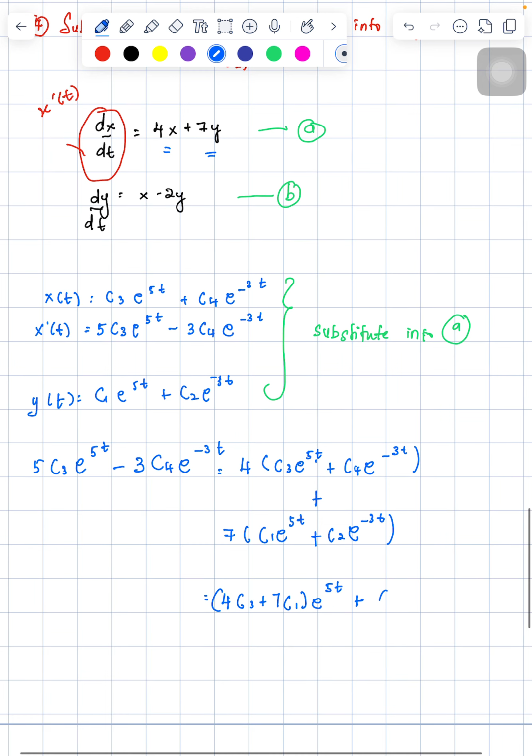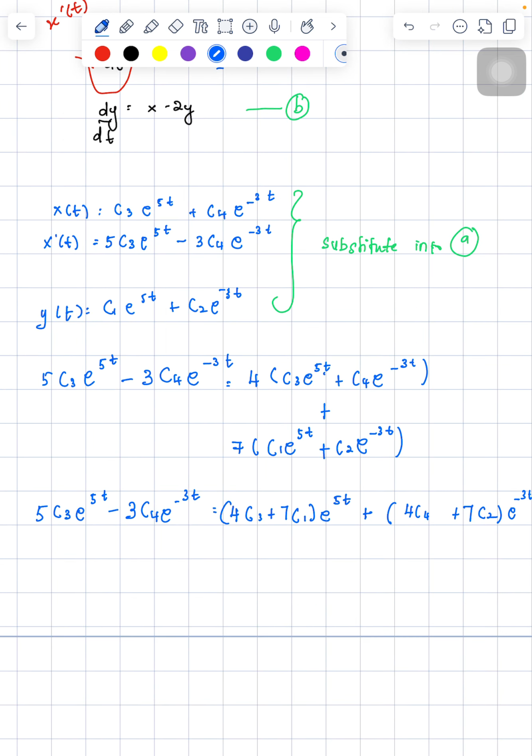So 4c4 plus 7c2 e to the power of negative 3t. Then we can compare left hand side and right hand side. So 5c3 e to the power of 5t minus 3c4 e to the power of negative 3t.